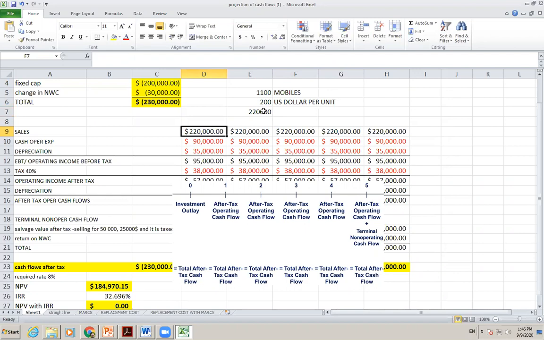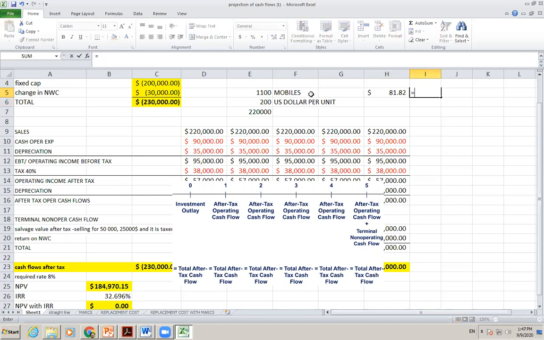But let's say the cost is $81 to produce each mobile. How much would it cost you to produce all these 1,100 unit mobiles?